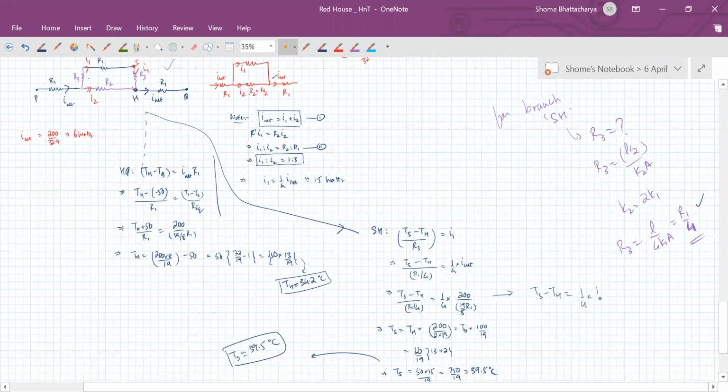So 1 by 4 into 1 by 4 into 200 divided by 19 by 8. So that's how this is becoming 200 by 2 into 19 or 100 by 19. Is it all right? Okay, sir. It's numerically correct. Just check the step once. I have just done the calculation in a hurry.